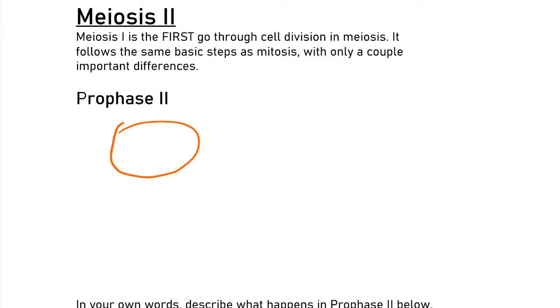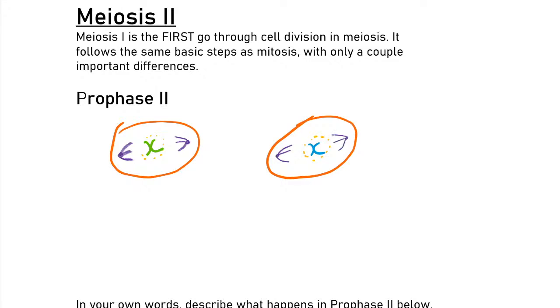So remember, coming out of Metaphase I, we had 2 cells, and so now in prophase II, we're going to again get the nucleus dissolving, and we're going to have our chromosomes here, but we should have the formation of the centrioles and the spindle fibers starting to form like that. So we get the nucleus dissolving, and centrioles and spindle fibers form.